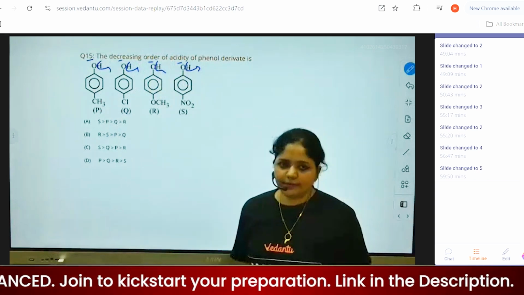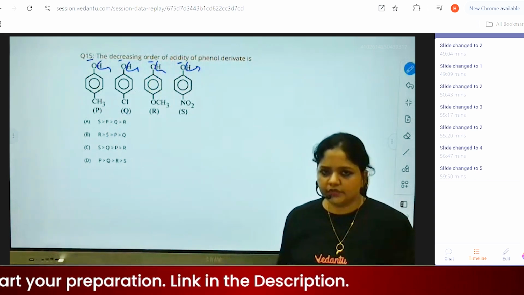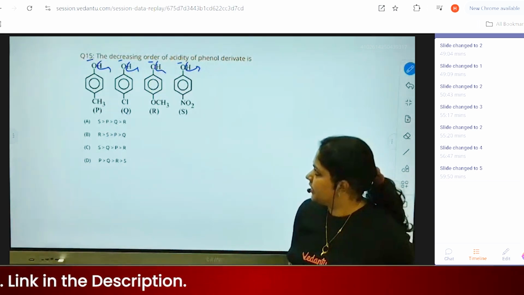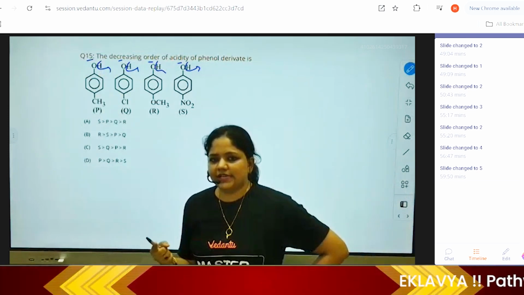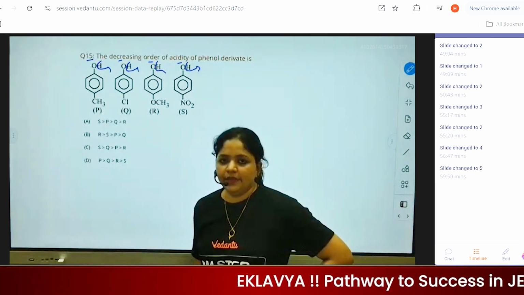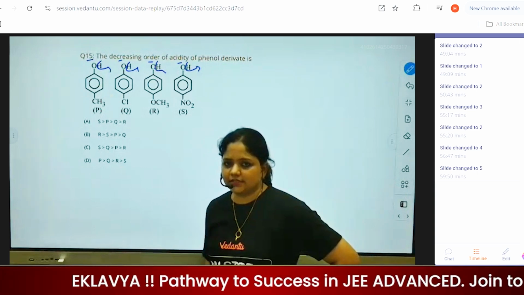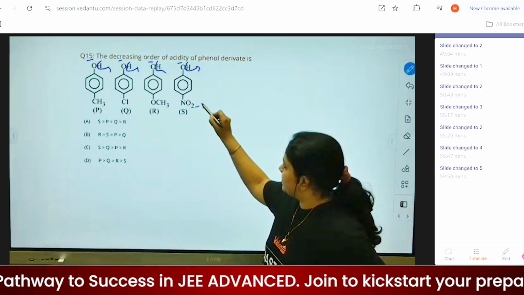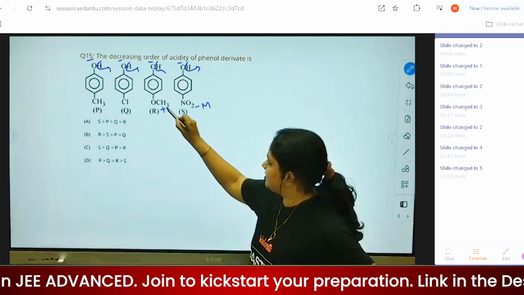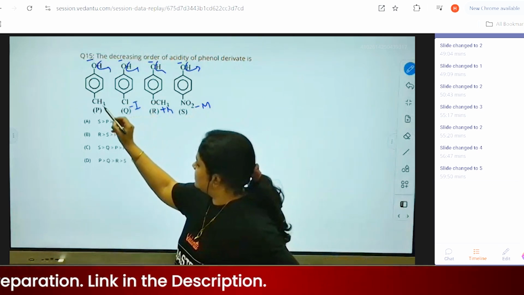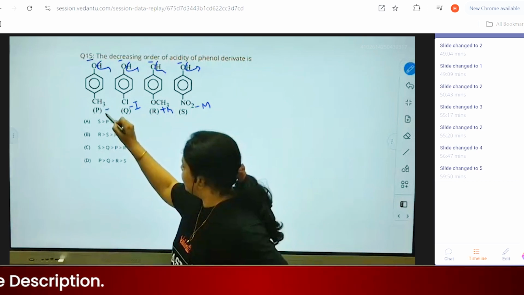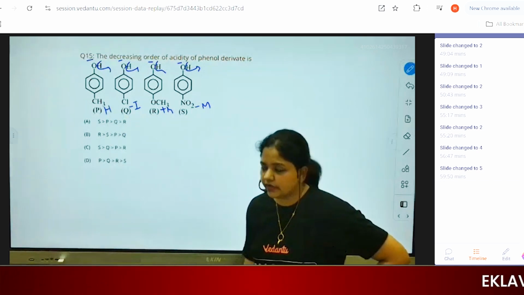Whichever is more stable will have more acidic nature. Here, if a negative charge is already there, plus M and plus I decrease the stability, and minus M and minus I increase the stability. So here this is minus M, this is plus M, this is minus I, and this is the H effect, which is plus I, you can also count it as.